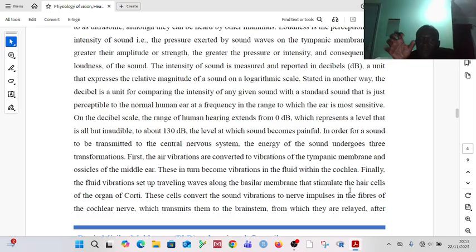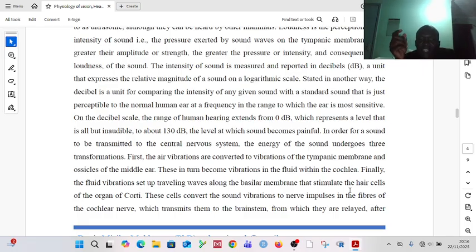We'll see that organ of Corti when we look at the structure of the ear next. So once the fluid vibrations have been set, they now travel and lead to the stimulation of the hair cells within the organ of Corti. Then the hair cells that have been stimulated will now convert the sound vibrations into nerve impulses in the fibers of the cochlear nerve.